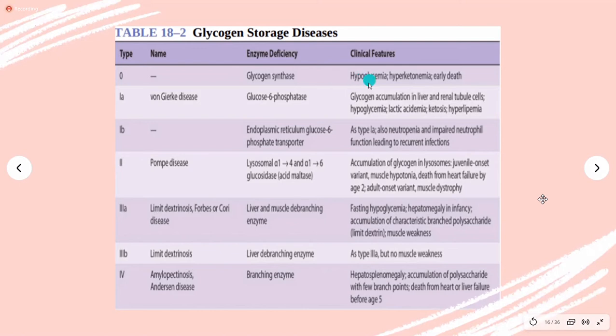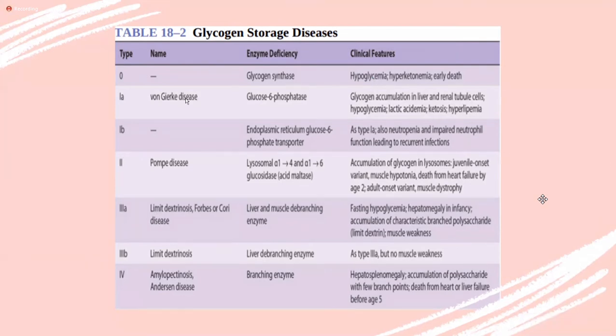You do not have glycogen as a reserve whenever the blood glucose goes down. So unless the person eats, then this can be remedied.